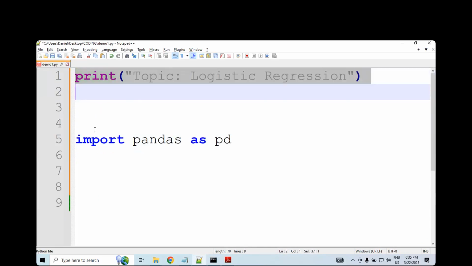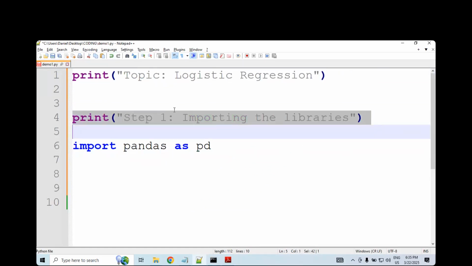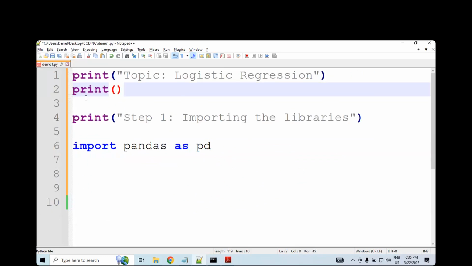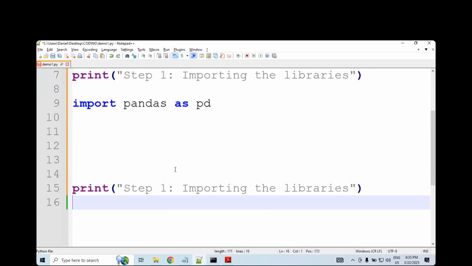What is step number one? Importing the libraries. What is step number 2? Very good, sir. Loading the data set.